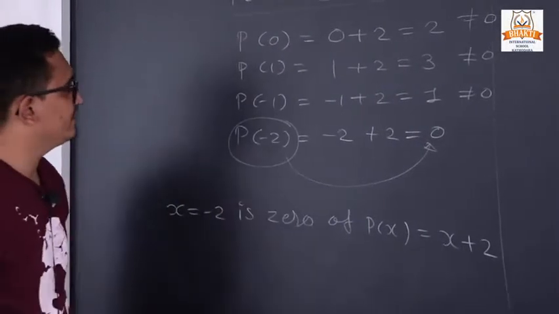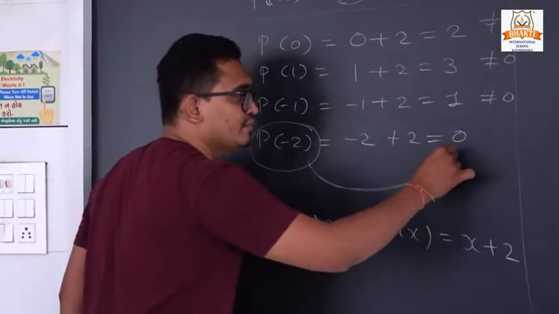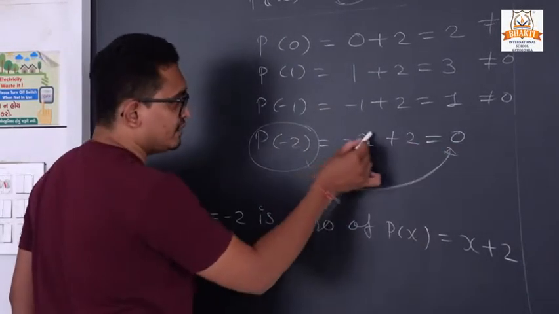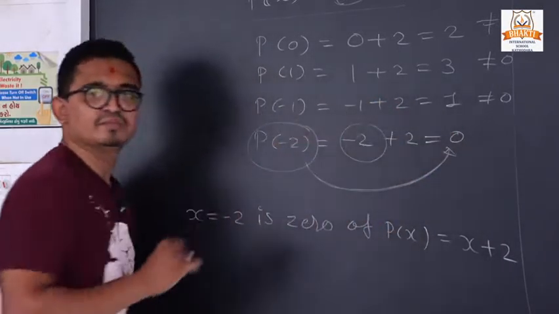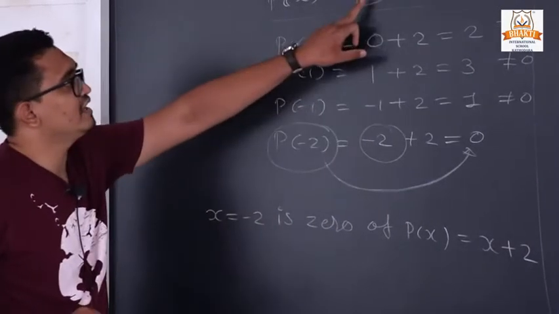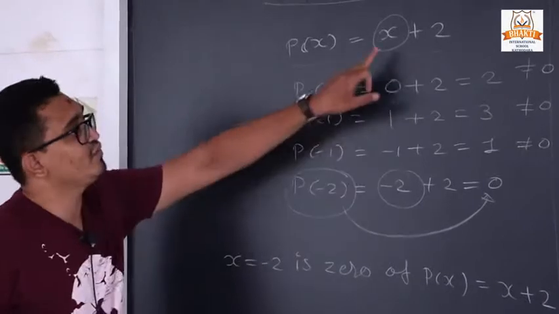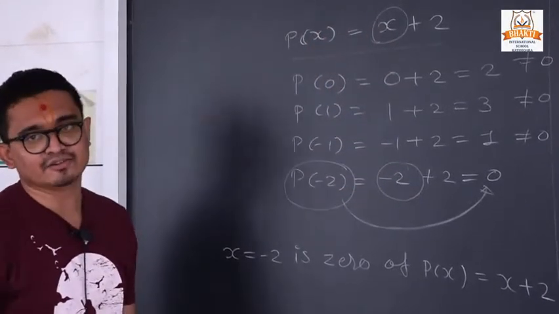Once again I can repeat. Here we put minus 2, so the answer becomes 0. It means if we replace x with minus 2, the polynomial value becomes 0. So this is the zero of that polynomial. So that is the meaning of a zero.